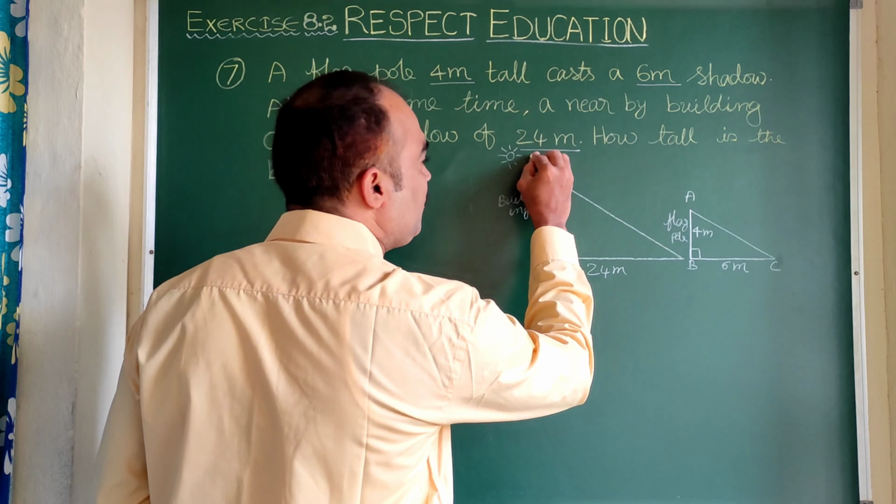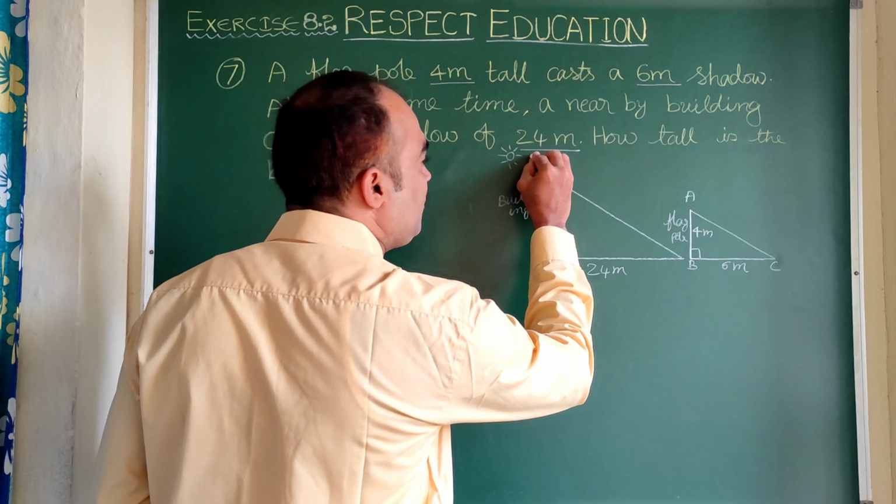So if you observe here, AB for its corresponding side is DE. So I am writing here AB by DE is equal to, same way, BC by EF, and also AC by DF.